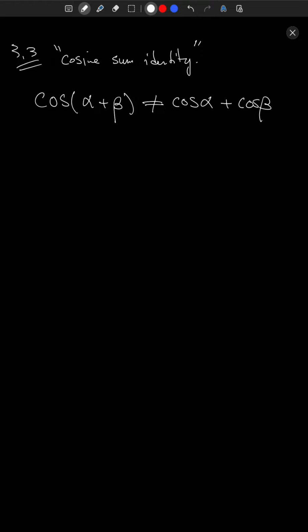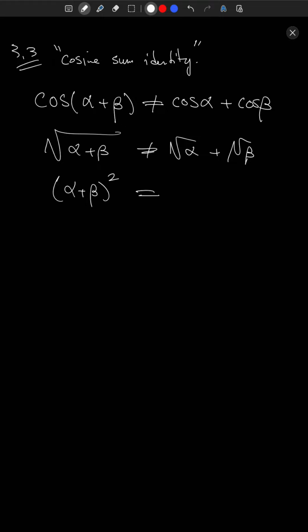In general, you're not allowed to do something like this. For example, square root of alpha plus beta is not equal to square root alpha plus square root beta, right? For example, alpha plus beta, whole thing squared, is not equal to alpha squared plus beta squared, right? And so on. Maybe 1 over alpha plus beta is not equal to 1 over alpha plus 1 over beta, right?